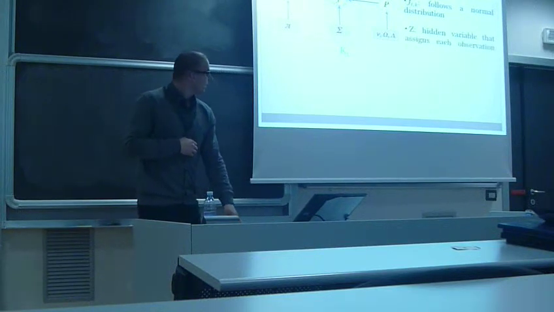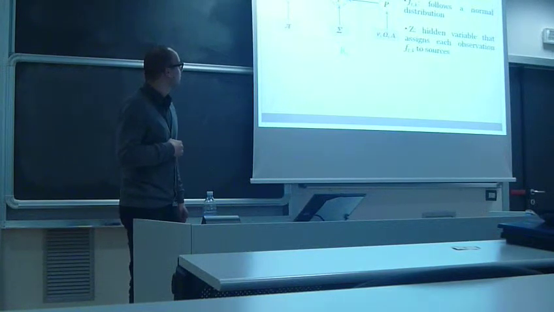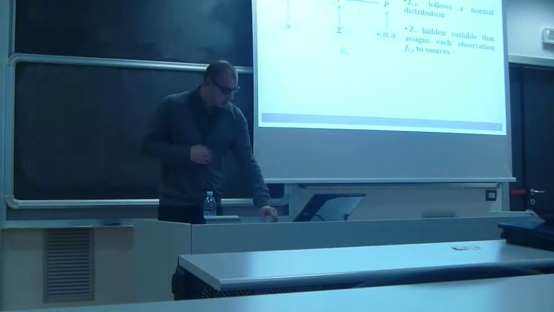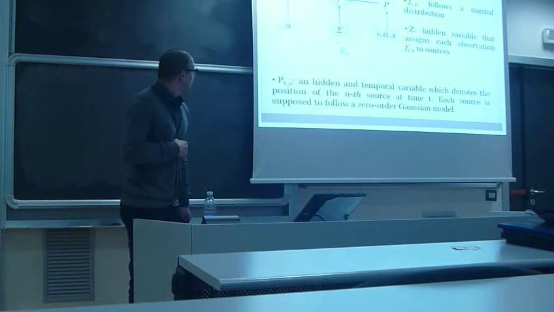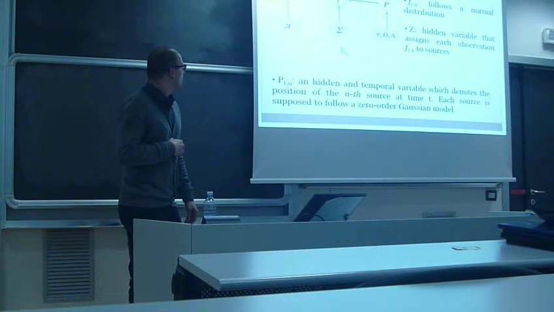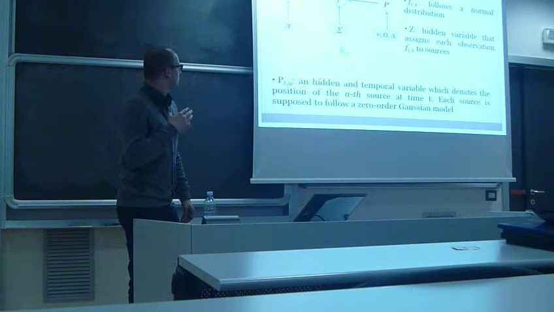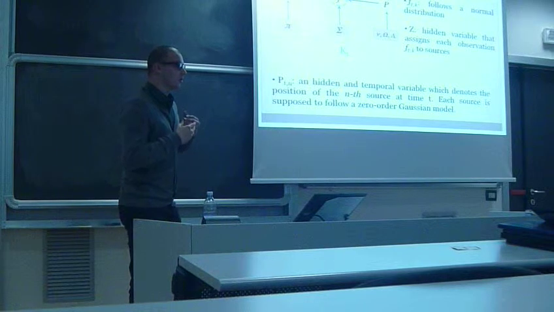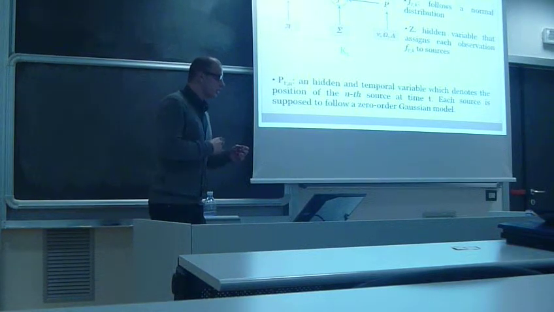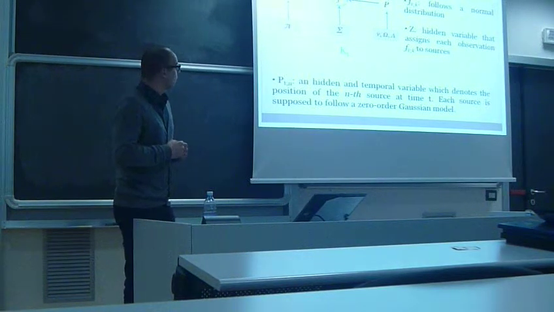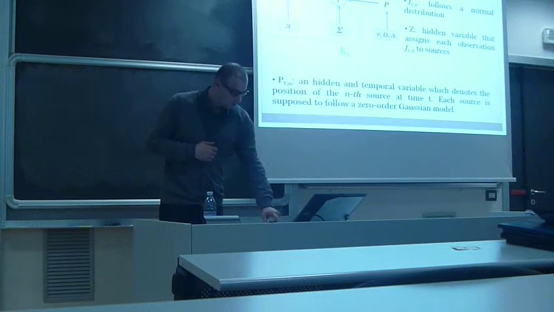Z is a hidden variable that assigns each observation F_tk to sources, and P_tn is a hidden temporal variable which denotes the position of the n-th source at any time. We suppose that each source follows again a zero-order Gaussian model, which is linear in two successive frames. We also suppose that the number of objects is fixed and known a priori.